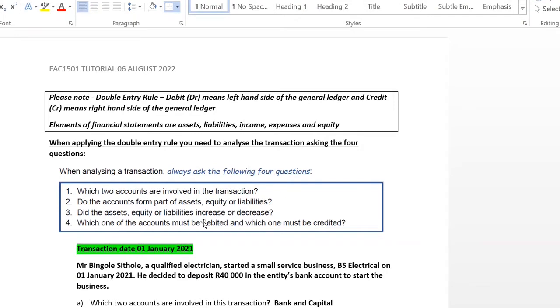My question is, in the books of Walton's, did the asset, equity, or liability increase or decrease? Remember we're dealing with two accounts, an asset and an income. Is the income, which is sales, and the asset increasing or decreasing in the books of Walton's?